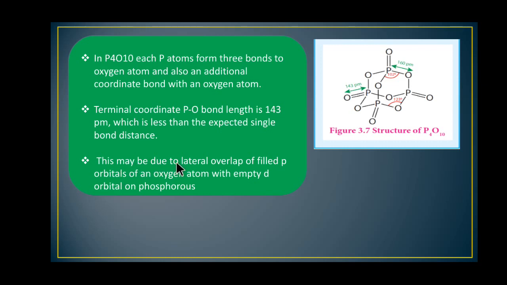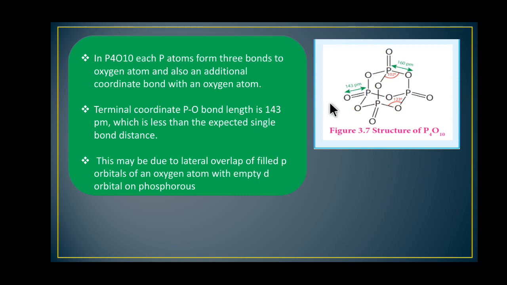This may be due to lateral overlap of the filled p orbital of an oxygen atom with the empty d orbital of phosphorus. Already we discussed the empty d orbital. Valence electrons 3s2 3p3 and the next position is vacant in phosphorus. So a pi bond is possible in this position. So lateral overlap is a sideways overlap or parallel overlap to each other to make the pi bond.